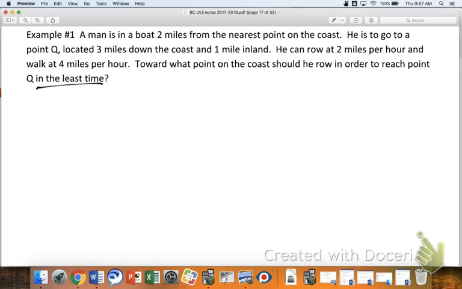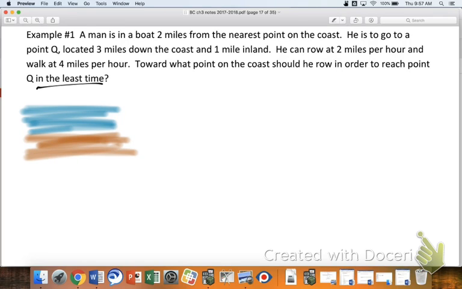So, the guy is in a boat on the ocean or a lake or something. And here is the beach right here. He is 2 miles from the nearest point on the coast. So this guy is right here, and this is apparently 2 miles. That make sense?